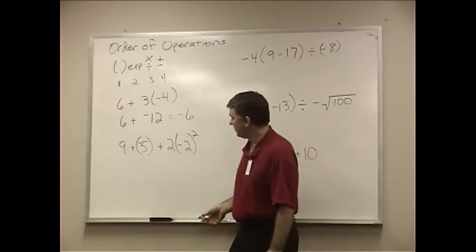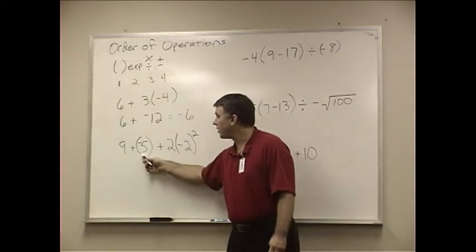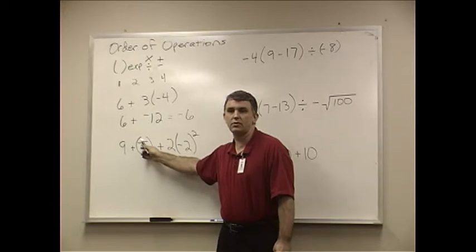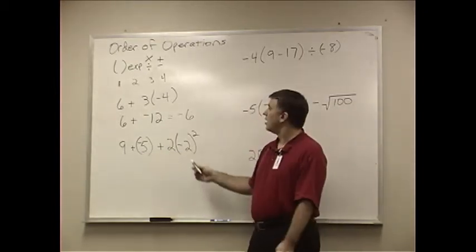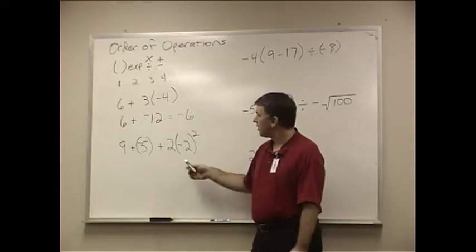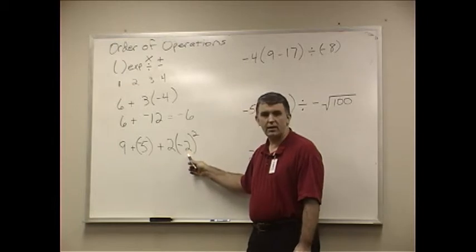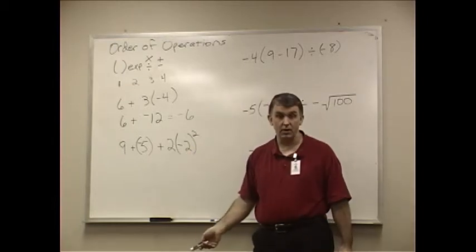The second one, we look at the problem, parentheses again. There's parentheses here. Well, the parentheses are just making that 5 negative, nothing to do inside. The second set of parentheses, well, that's -2 in there. This parentheses is to contain the -2 for the exponent, and it also shows the multiplication.